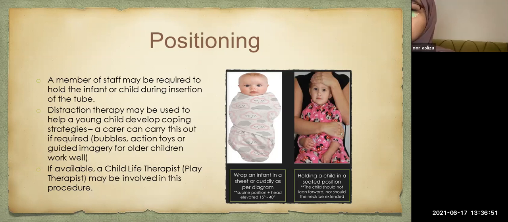The first, on the left, we wrap the infant in a sheet or cover as per the diagram and put them in a supine position with the head elevated 15 to 40 degrees. Second is to hold the child in a seated position. The child should not lean forward, nor should the neck be extended, because it can make the insertion complicated. Okay, next slide.